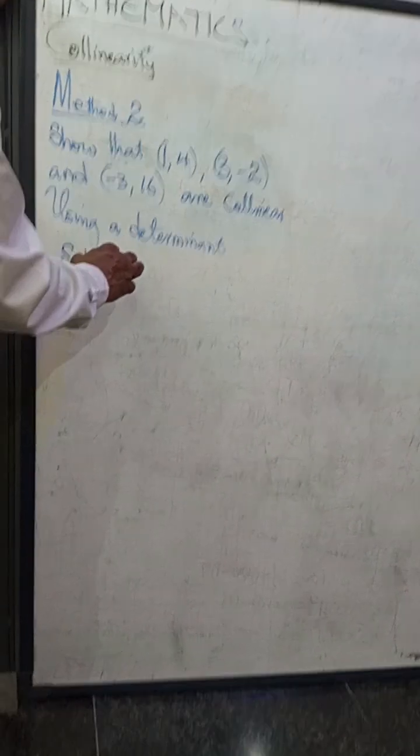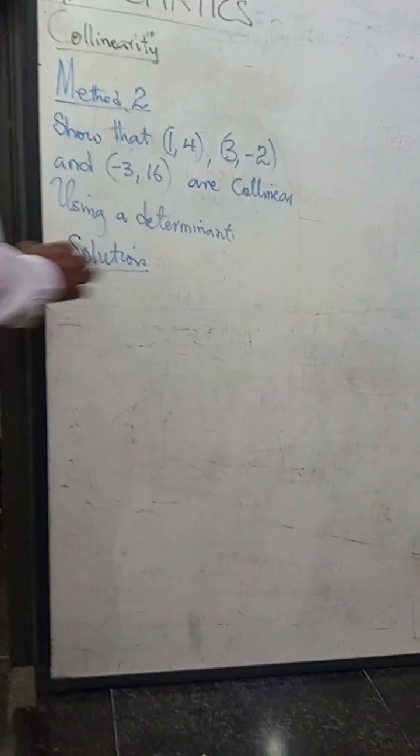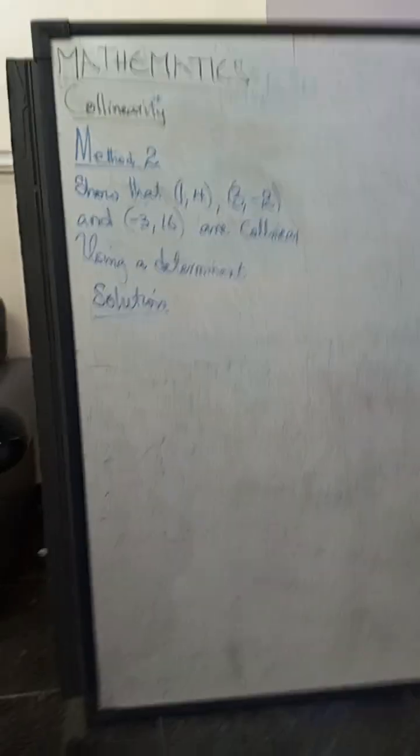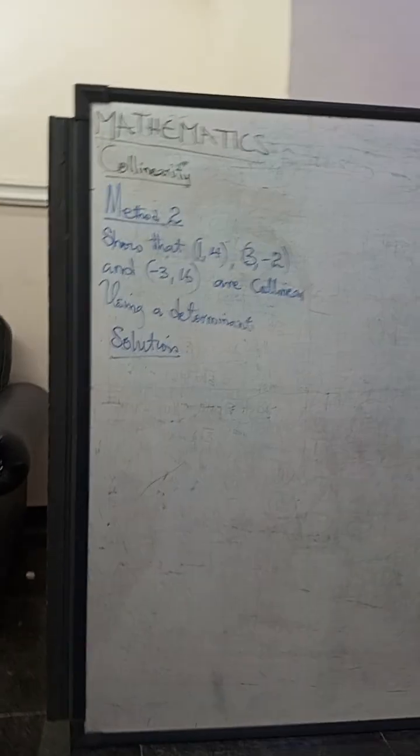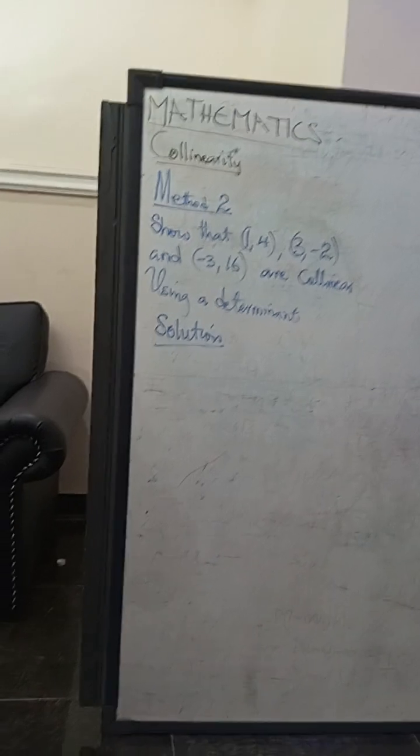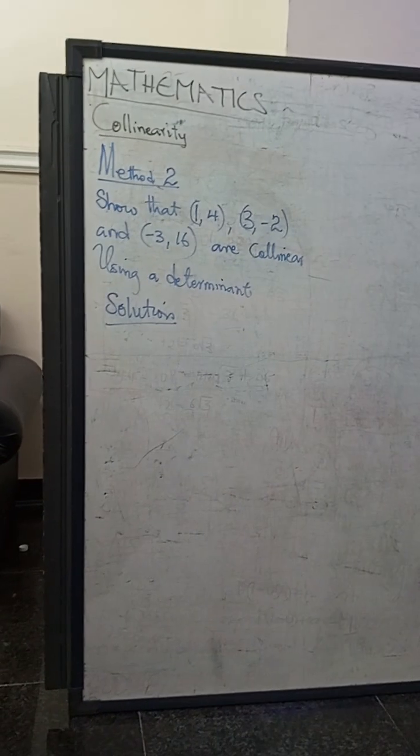In our solution, we need to understand some basic facts about the word determinant. A determinant simply gives us a method of finding a value for an array of points in rectangular coordinates.